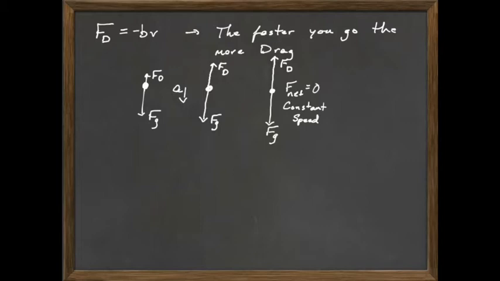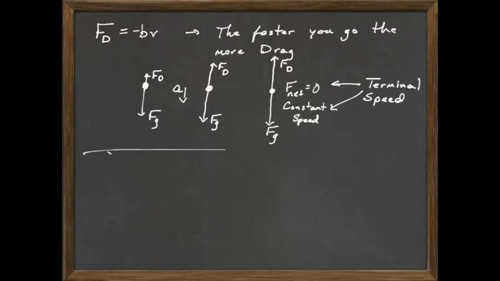But once they become balanced out again, they remain that way. And when this happens, we refer to this situation as terminal speed. It's when the net forces have canceled and you're now falling at a constant speed because drag and gravity are canceling each other out.